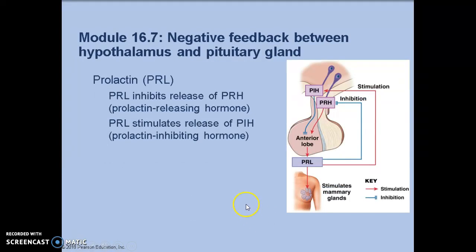Prolactin inhibits the release of prolactin releasing hormone, and prolactin stimulates the release of prolactin inhibiting hormone.